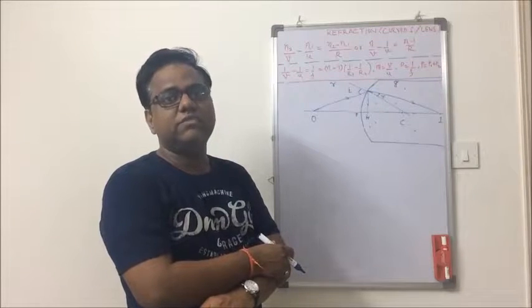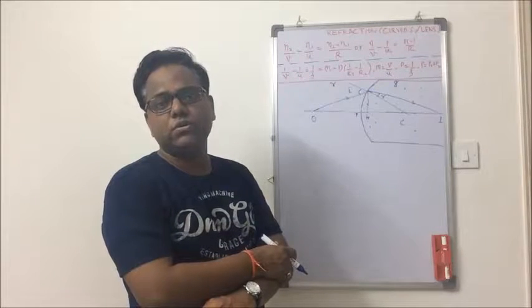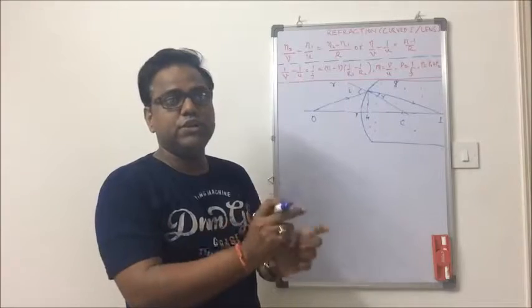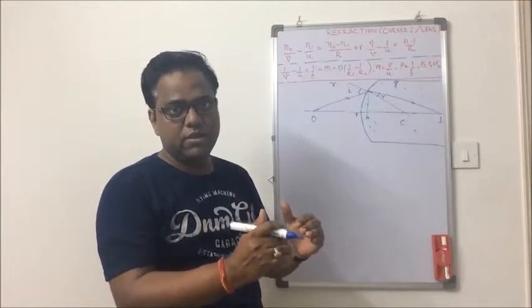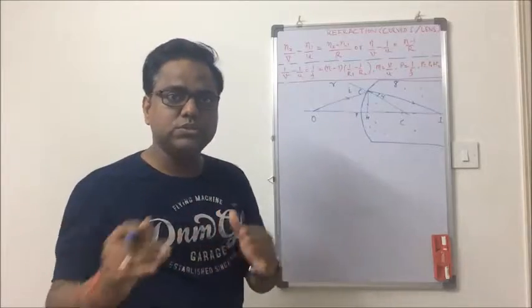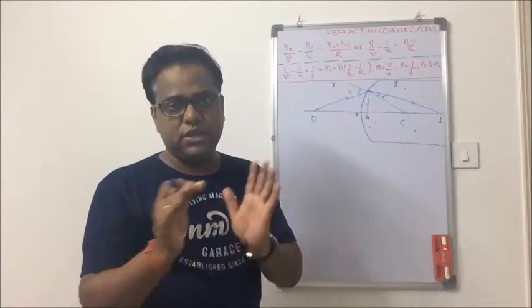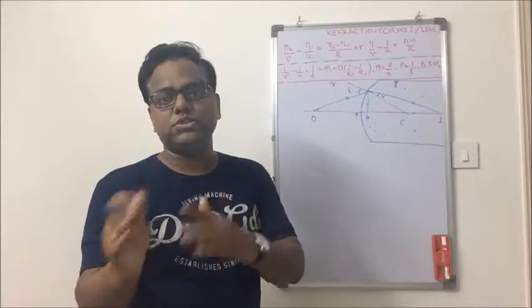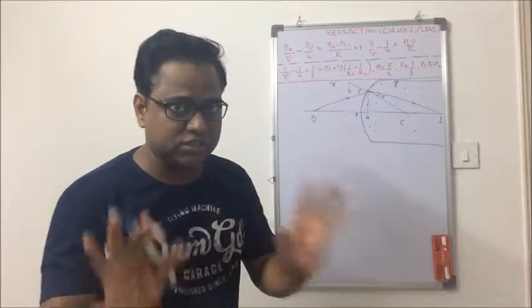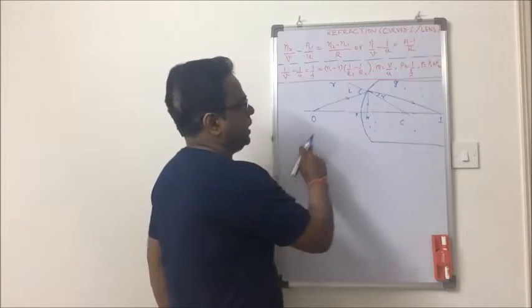That is N1 sin I equal to N2 sin R. So we will use this relation as a base, okay. In mirrors we used I equal to R. Here we will use N1 sin I equal to N2 sin R. That is the difference. So you need to remember it.